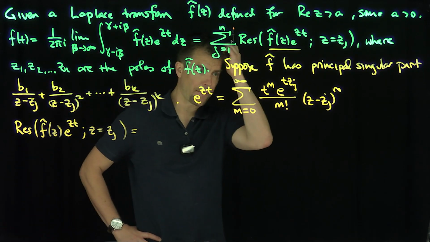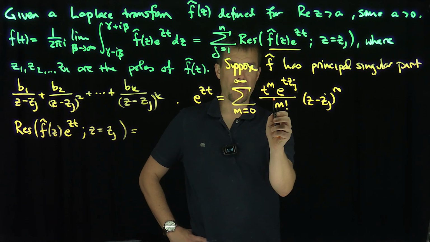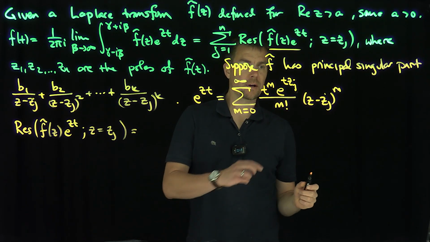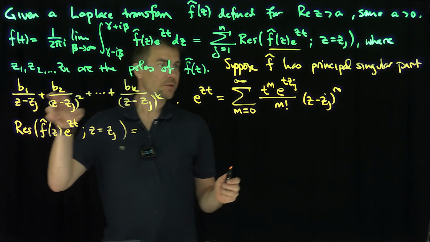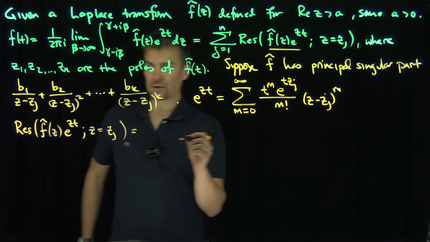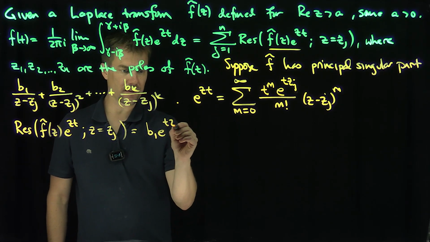The first term is the t to the 0 power, the coefficient of just this. That means there's nothing to hit that b1. So that's 1, it hits with an e to the zj t. So that's going to be a b1, and everything's going to have an e to the zj t in there, right?